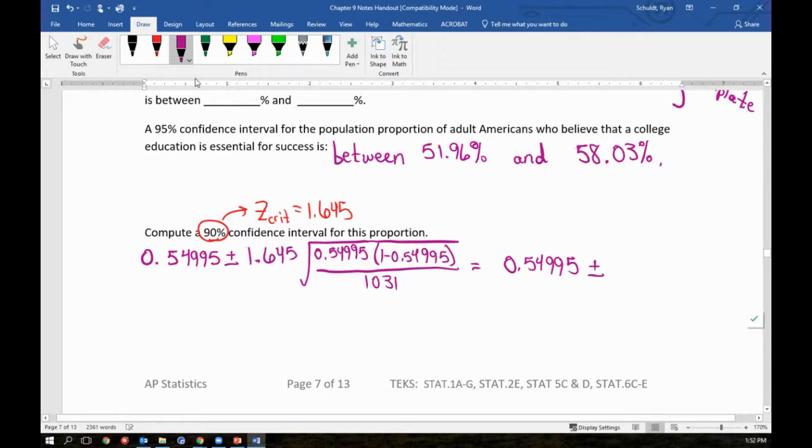So whenever someone gets their error bounds, you know what it is. That's right. 0.02549. And remember, we need to subtract the 2 and add the 2.